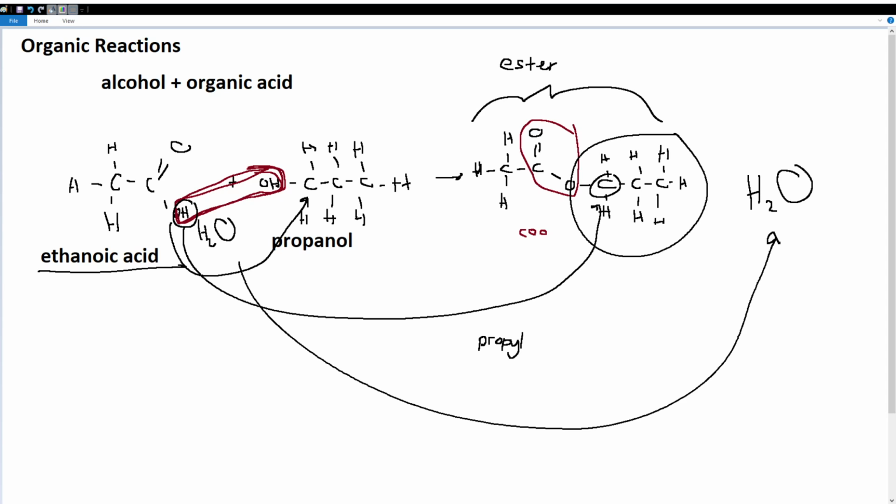And then you would name the other side that wasn't really changed much except for that it lost a hydrogen. So this would be ethane. And instead of having oic acid, you would do oate because you lost the hydrogen. So it's an ester. And that's pretty much it.